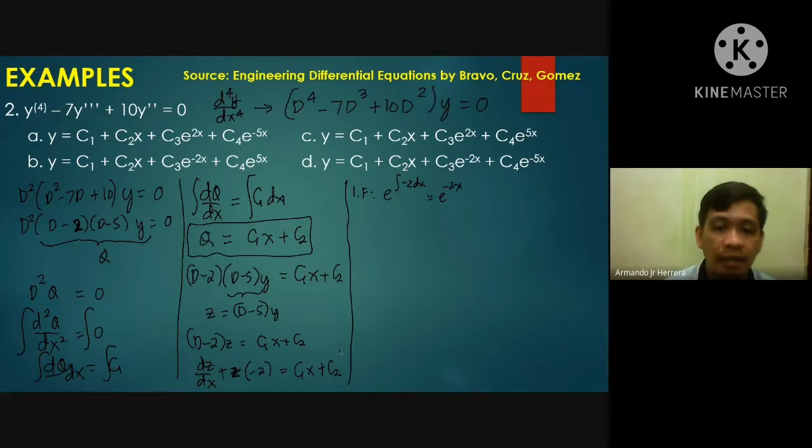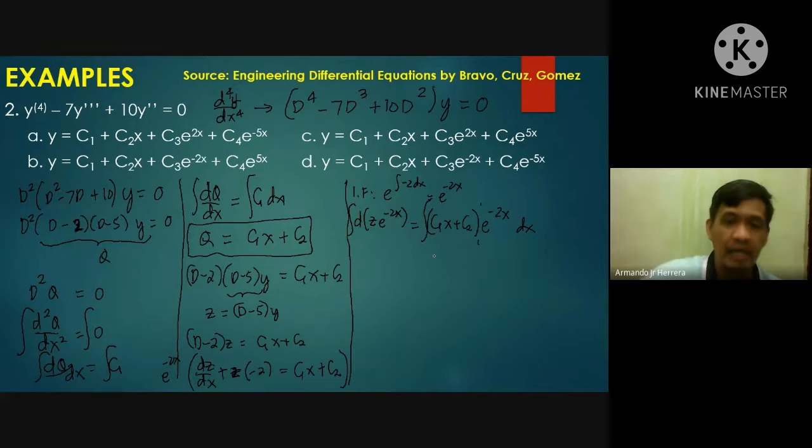So multiplying this by our integrating factor e to the negative 2x gives derivative of our dependent z and our integrating factor e to the minus 2x is equal to c1x plus c2 e to the minus 2x. So integrating this, gagamit tayo ng integration by parts. So let this be u.